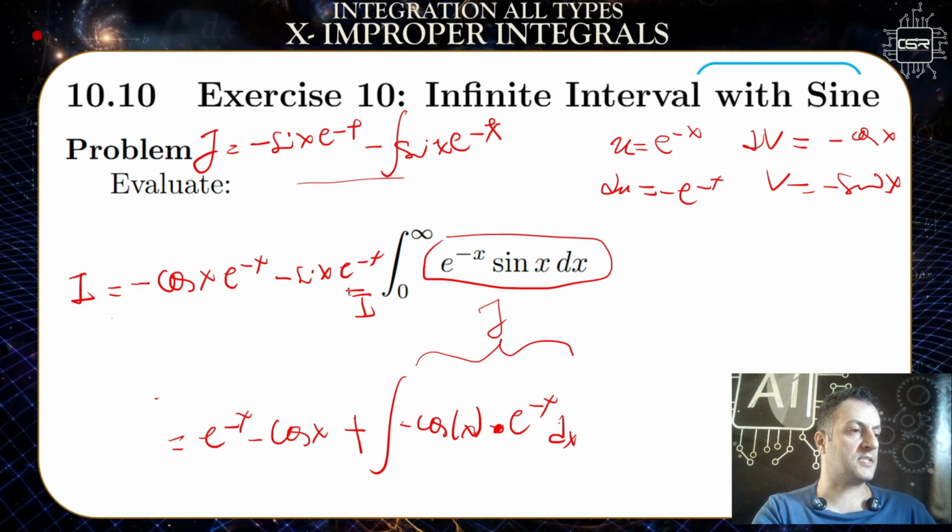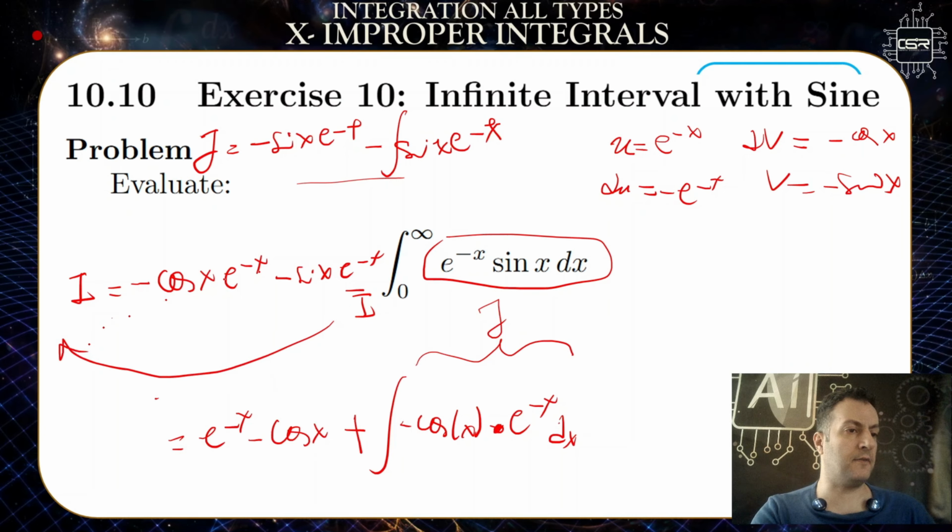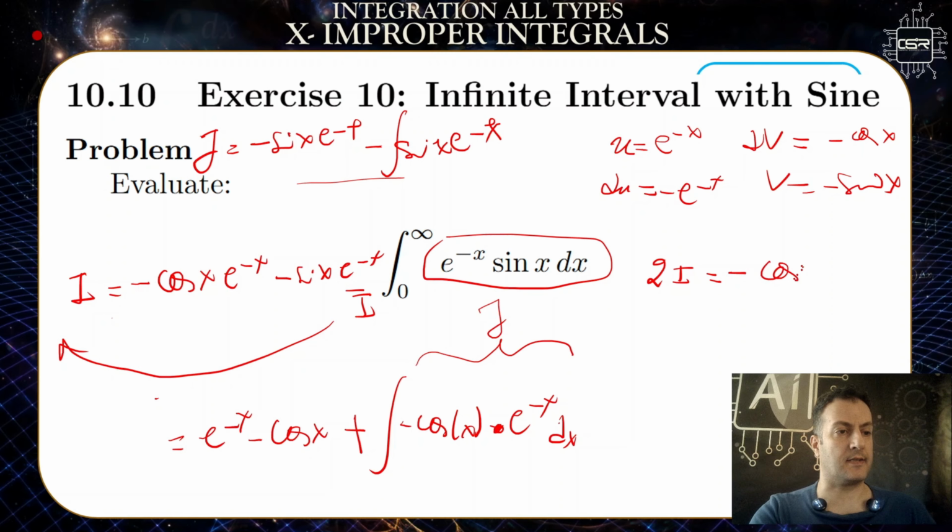Hence, this minus I can be moved to the left. It becomes plus I, so 2I is equal to minus cosine x e to the minus x minus sine x e to the minus x.